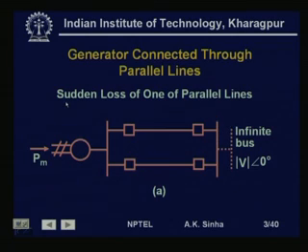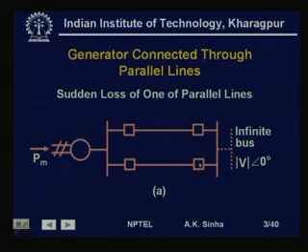And in this case, first we will take a case where one of the transmission lines is removed, that is, sudden loss of one of the parallel lines. This line can be removed for maintenance purpose, or maybe when a fault occurred or some such situation occurred where we wanted to take this line out.